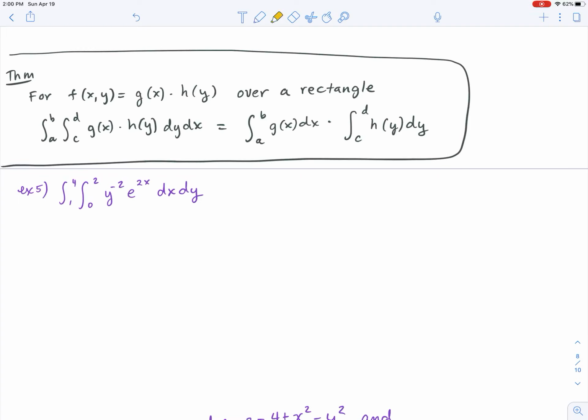It's just very important that we point out that this doesn't happen generally. You have to be able to split this up into a product, and it has to be over a rectangle. You know that it's over a rectangle if a, b, c, and d are constant.